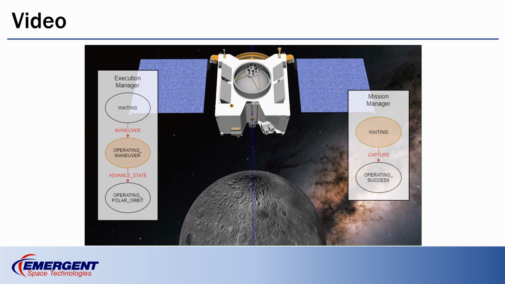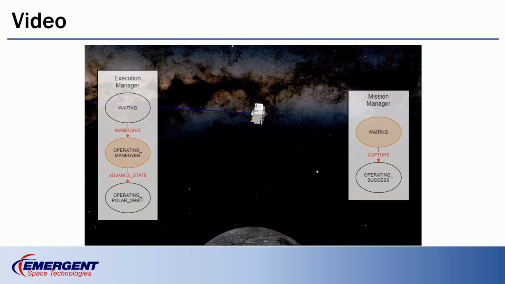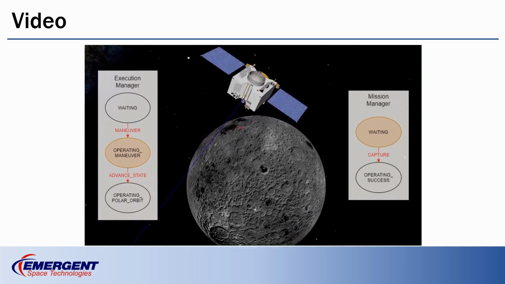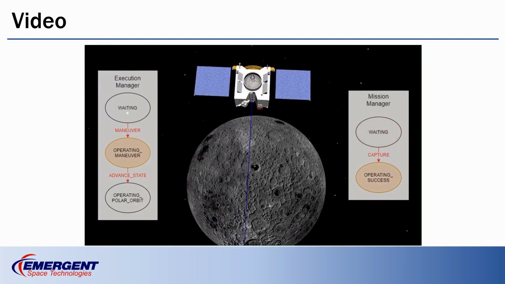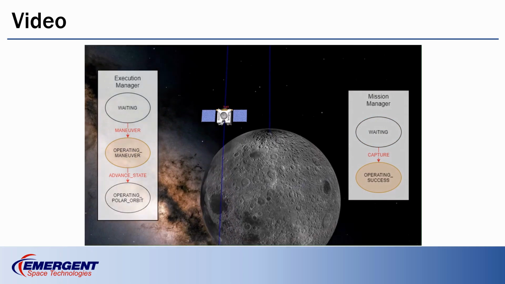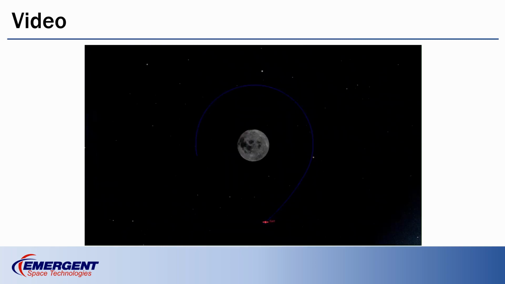Timeline Manager queues a task, sends a maneuver to the Ascent simulation. The Ascent simulation executes that maneuver, circularizes the orbit. This causes a transition in the Mission Manager. Mission Manager sends out a message, which is received by Execution Manager, causes it to advance to this terminal operating polar orbit state. And this represents the end of this Cislunar mission.